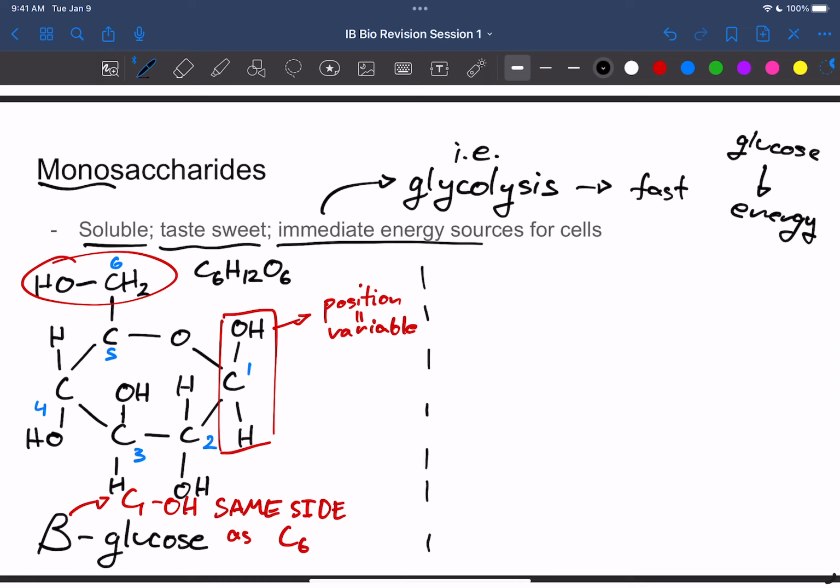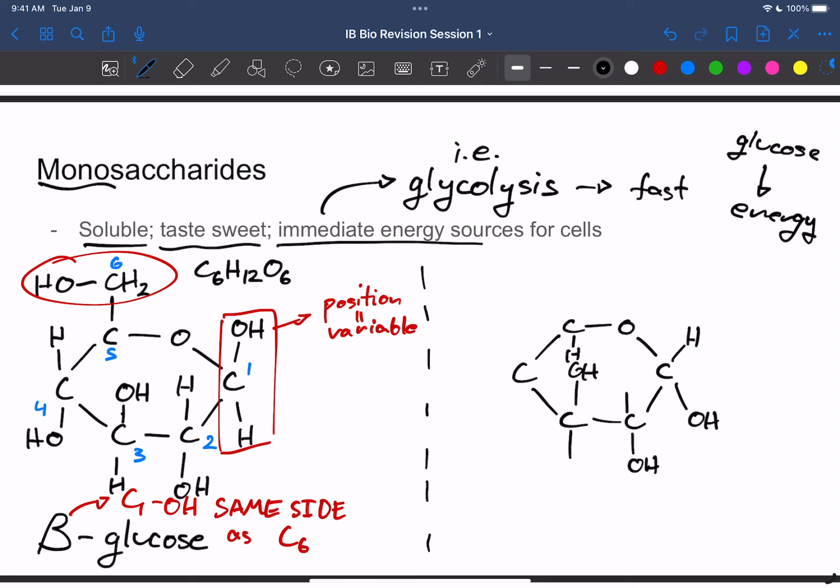Now, the second position that this OH can have is when it's flipped. So I'll just draw this again. I forgot to draw this little H here.